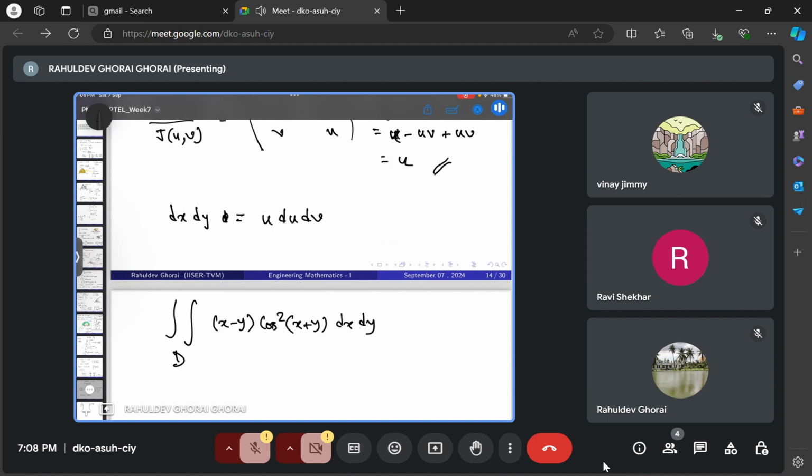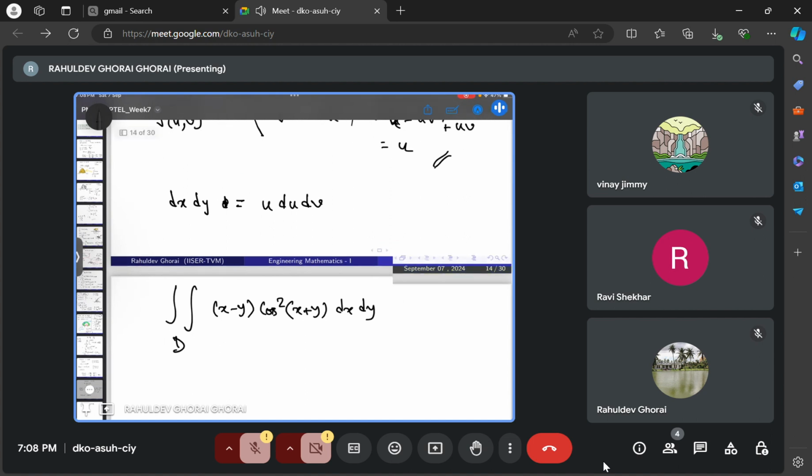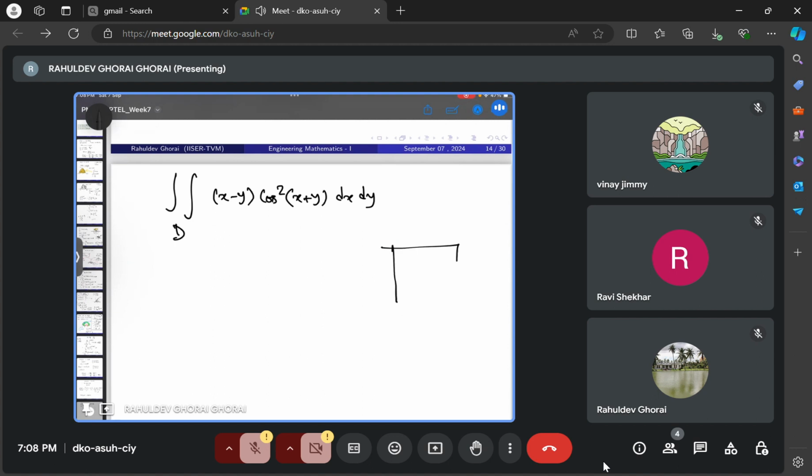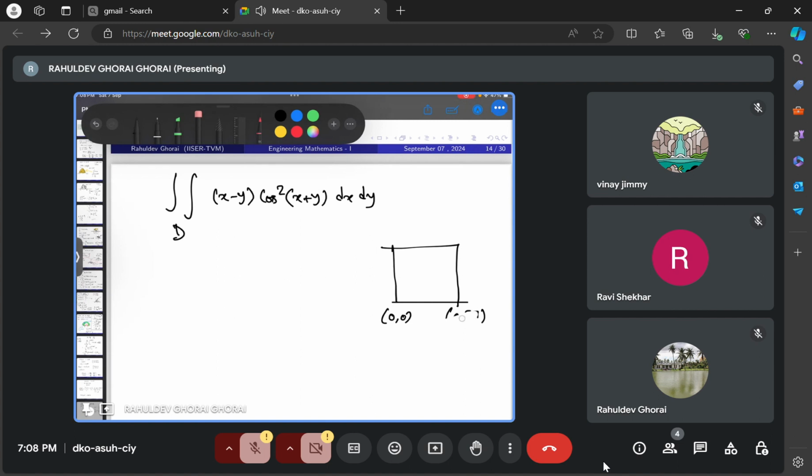We will not use exactly the one we did, but some kind of transformation to make sure this works, where D is a region, a rectangle-like shape with vertices at 0 0, then 0 to pi, and let's say you have a minus pi here.